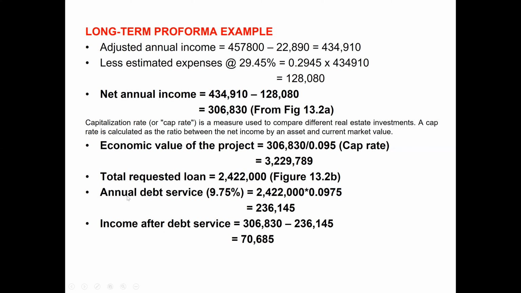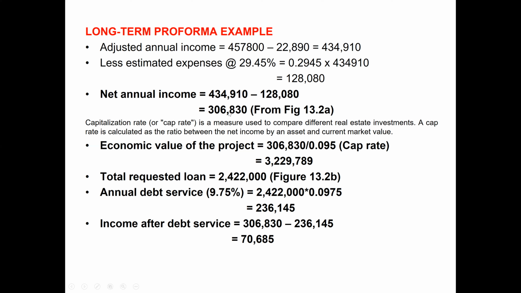Total construction cost, the total requested loan we need, as we have seen in the previous slide, is 2,422,000. So the annual debt servicing for this loan, because we are going to get this 2.4 million, will become 236,145. Income after debt servicing: this is the debt servicing on a monthly basis and then annual.